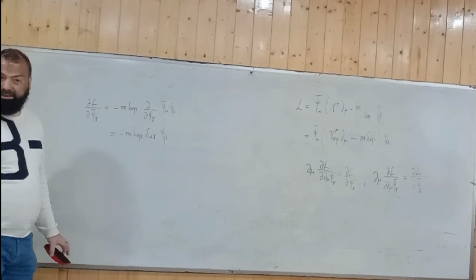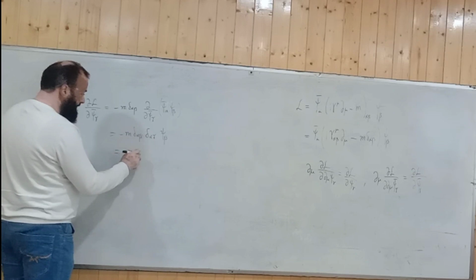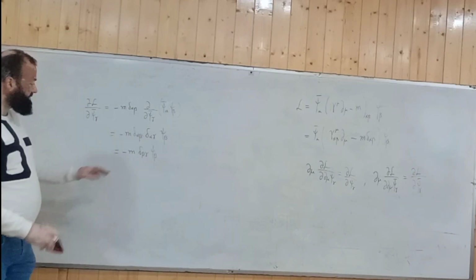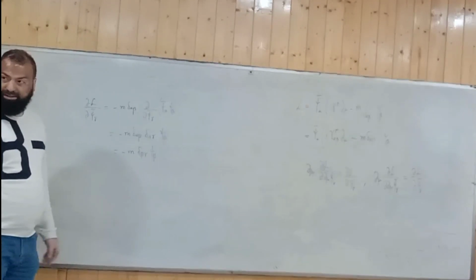This is minus m delta beta gamma psi beta, because it is non-zero only when alpha equals beta or alpha equals gamma.